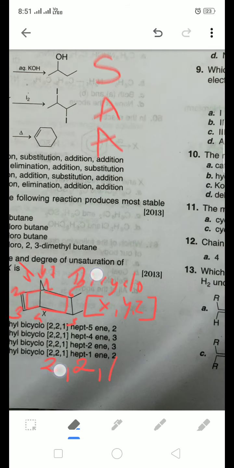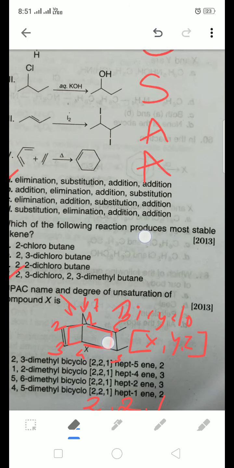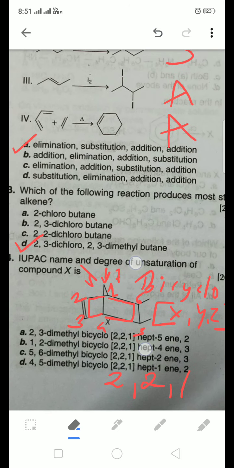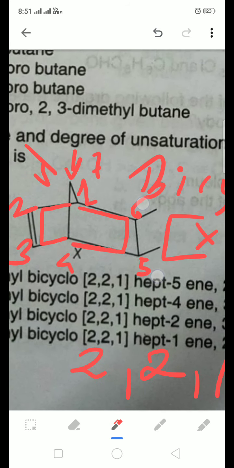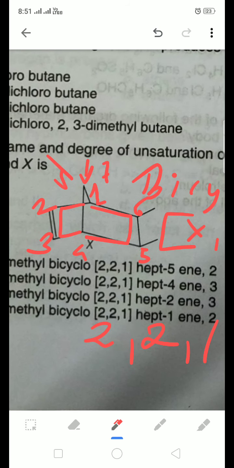So now we got that it's a bicyclo 2, 2, 1. Now just see, it is 5, 6 dimethyl bicyclo 2, 2, 1. That's for sure. As 5, 6, we could see here 5, 6 dimethyl. Now how to name them? Well, the number of carbons in the longest ring is the total number of carbons.